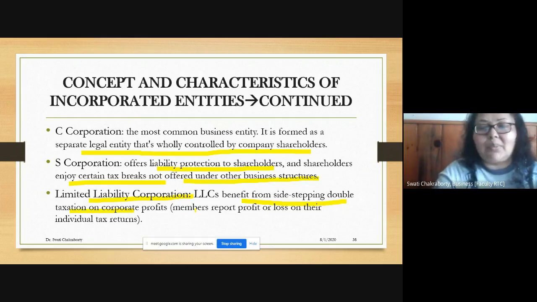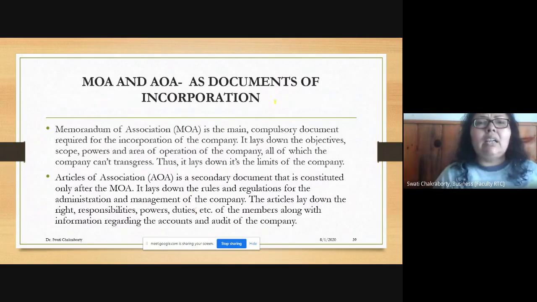That helps. Now, for forming a corporation, there are two documents needed. One is the memorandum of association, the other is the articles of association.